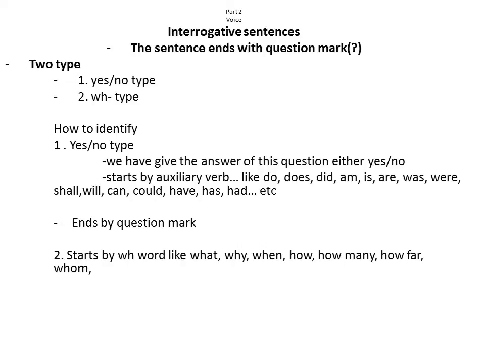These types of words start with W or H or WH. These words occur in the beginning of the sentences. By these words we can identify that this is an interrogative sentence, or a WH type question.